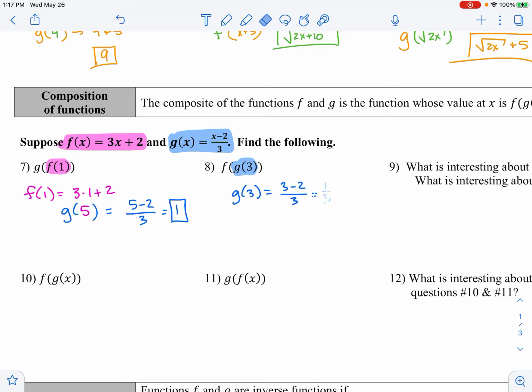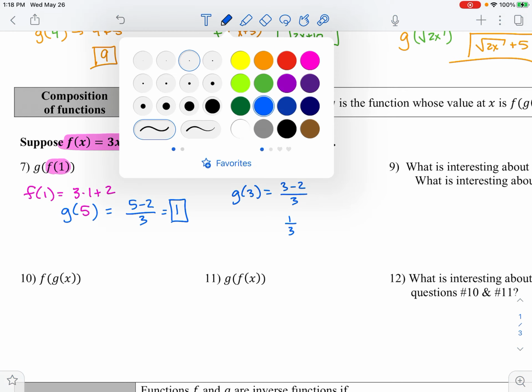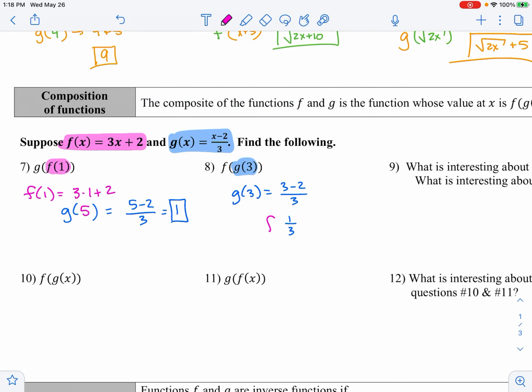Let me write it down underneath. And now I want to do f of that. So f of 1/3. All right, 3 times 1/3 plus 2. Well, 3 times 1/3 is 1. 1 plus 2 gives me 3.